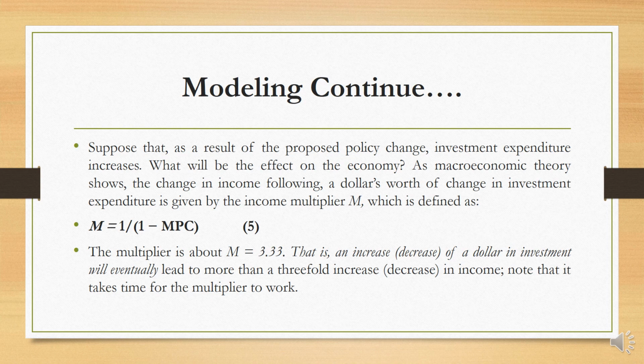When we put in the value 0.7, we get 3.33. That is, an increase or decrease of a dollar in investment will eventually lead to more than a threefold increase or decrease in income. Note that it takes time for the multiplier to work.